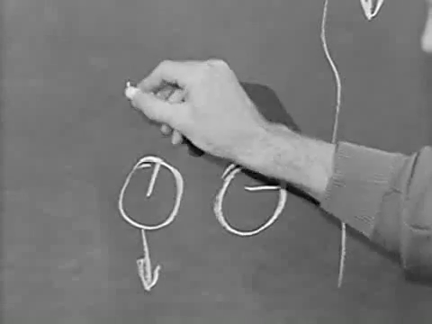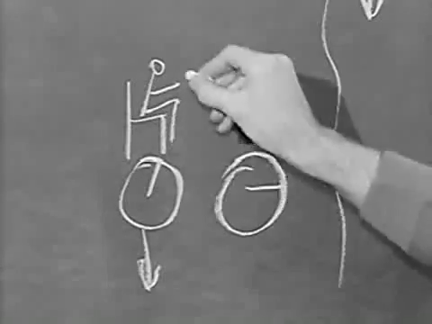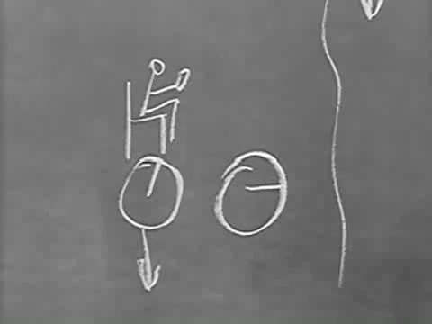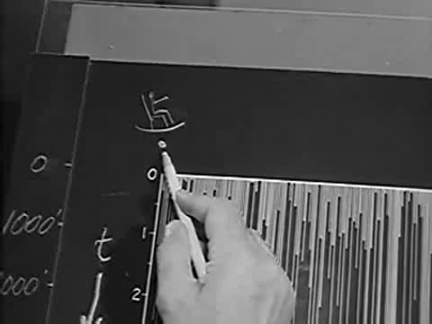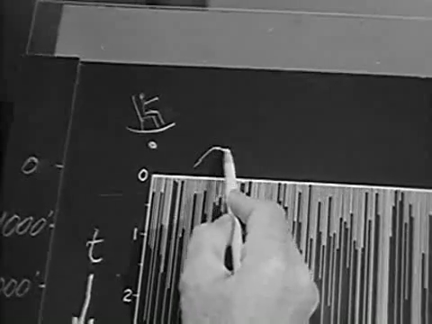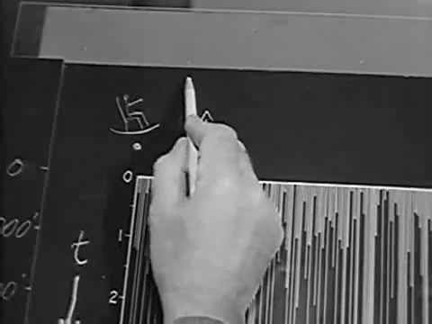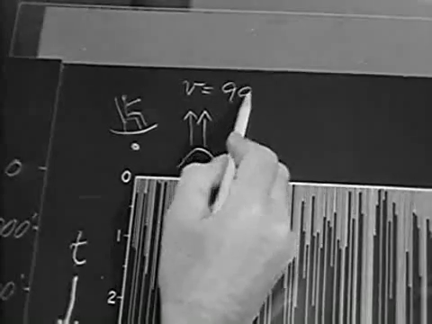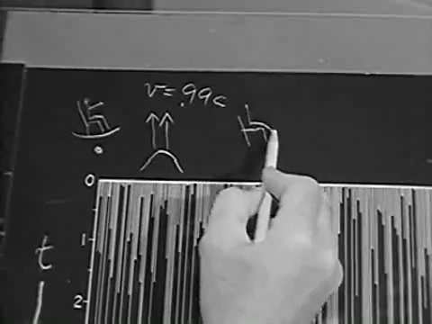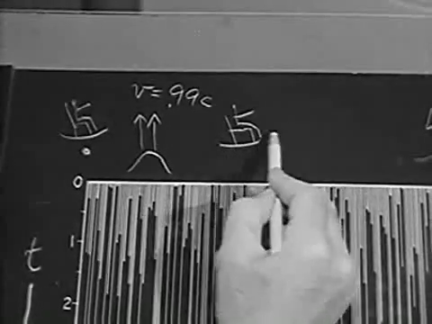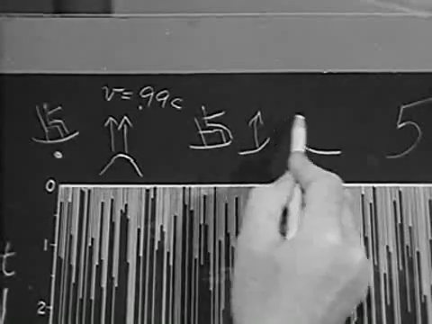What would it look like to someone riding on the moving alarm clock, or riding with one of our mesons? To someone riding along with a meson, the meson would seem to be at rest. First, the top of Mount Washington would come shooting up past him at 0.99 the speed of light. And then, sometime later, he would see sea level come shooting up past him at the same speed.